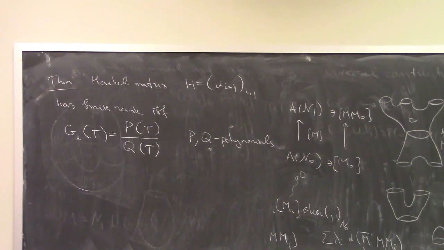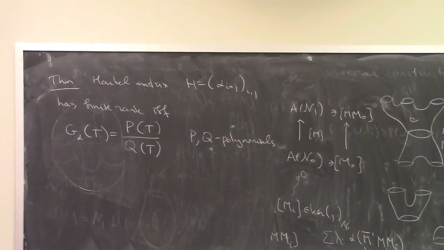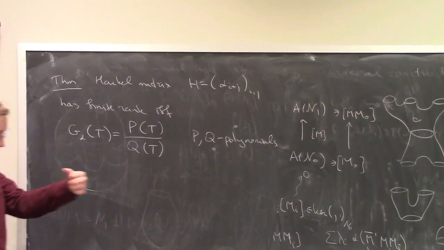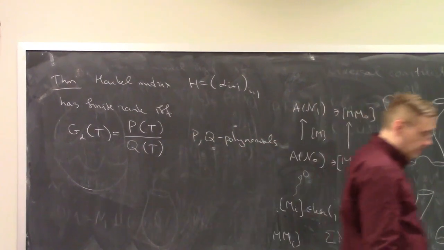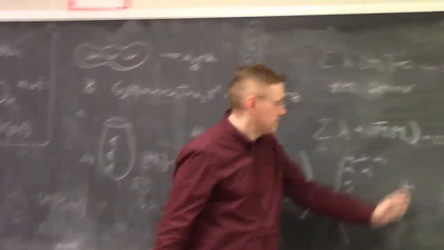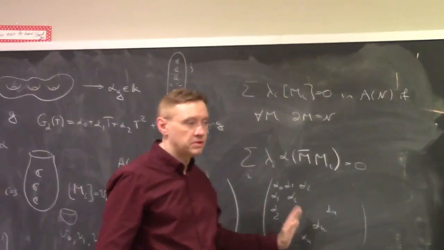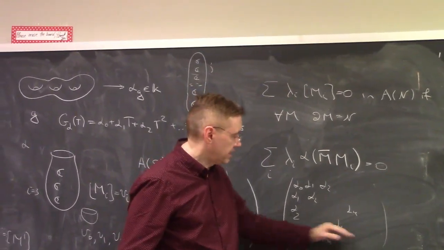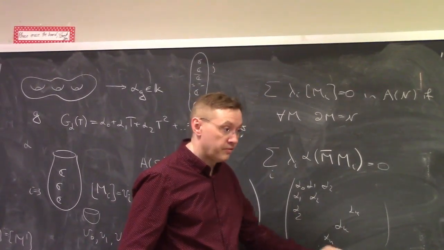So how do you prove the theorem? Well, you check that if you want to have finite rank, at some point one of the columns must be a linear combination of previous columns, and that gives you a relation for every row.